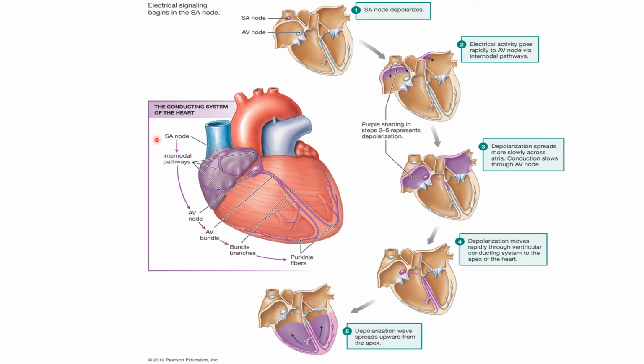The autorhythmic cells that we have are the SA node, AV node, the AV bundle, the bundle branches, and the Purkinje fibers. SA stands for sinoatrial node. Atrial because it is going to be in the right atrium. That's why it's called the sinoatrial node.